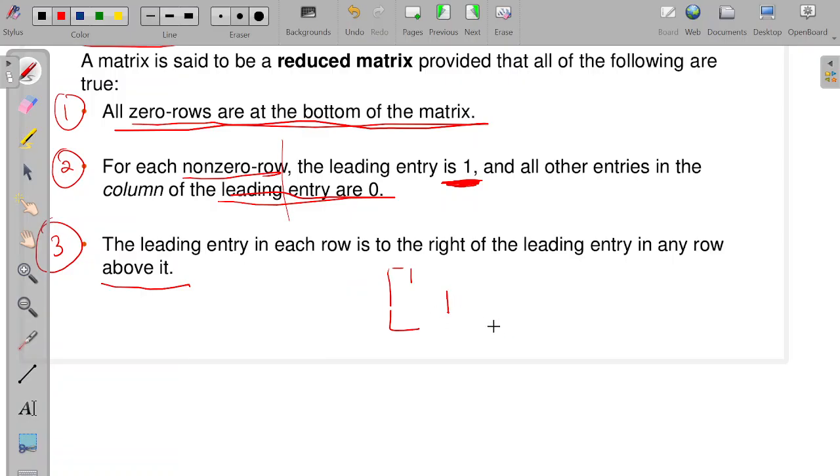If there's any other one, also to the right, like that. Please take note of that. That is how to know a reduced matrix.